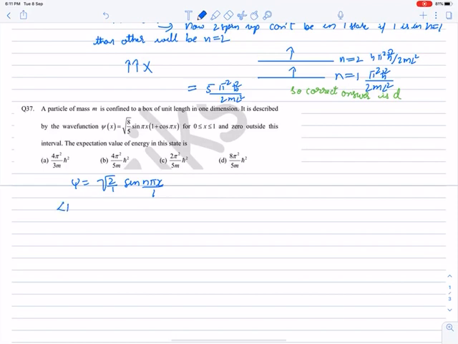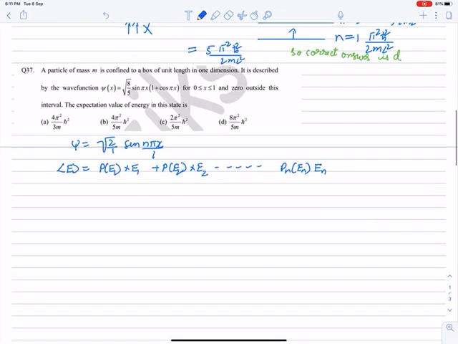You can calculate E as probability of E1 into E1 plus probability of E2 into E2, and so on up to probability of En into En, where E1, E2, En are the energy eigenvalues. So first we have to change this.